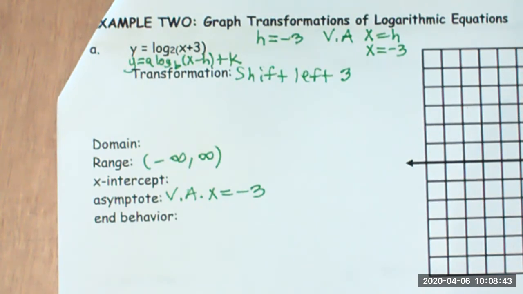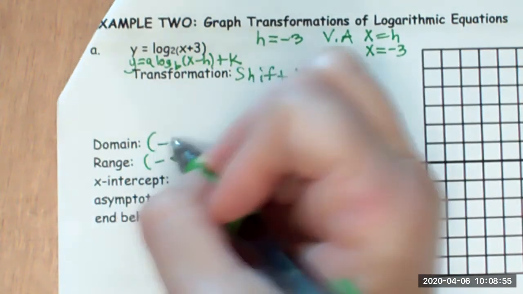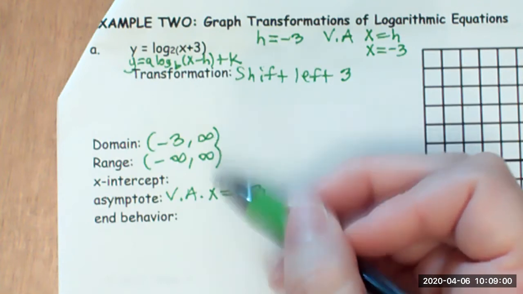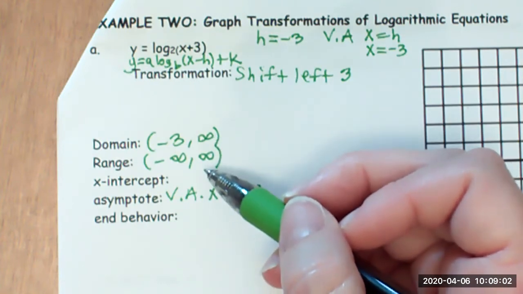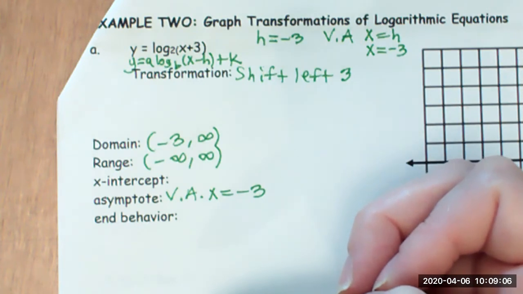And the domain is going to depend on the vertical asymptote. So instead of going from 0 to infinity, because we have that vertical asymptote at x equals negative 3, the domain is going to go from negative 3 to infinity. And again, after you graph that, you could verify that. We'll fill in the x-intercept and the end behavior after we've done the graphing.